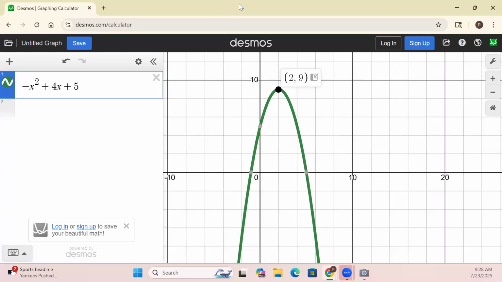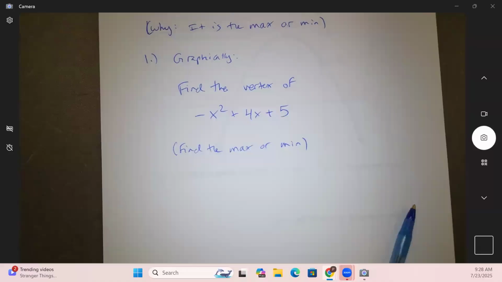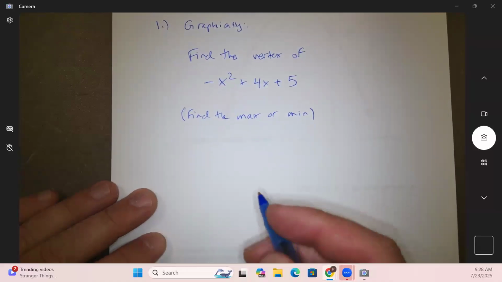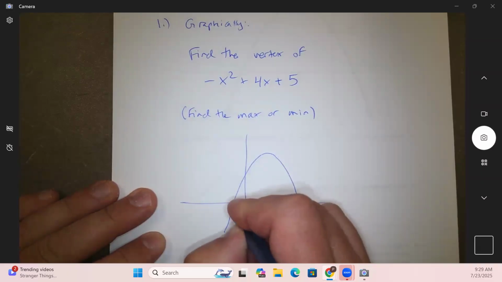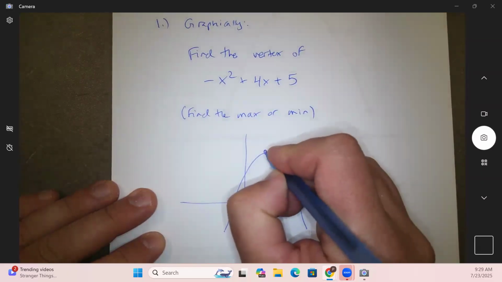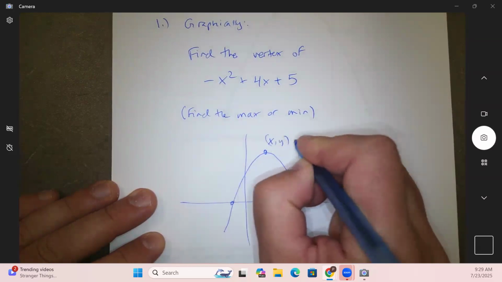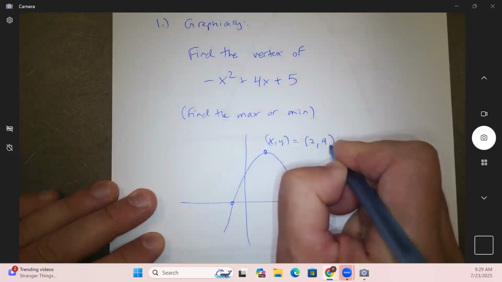Now I picked it, I had to do some thinking so that there would be integer values, but even if they aren't, it's where it turns around, and on Desmos, you can always click on that point, which is nice. So, just to sketch it really quick, that point right there, x, y equals 2, 9.